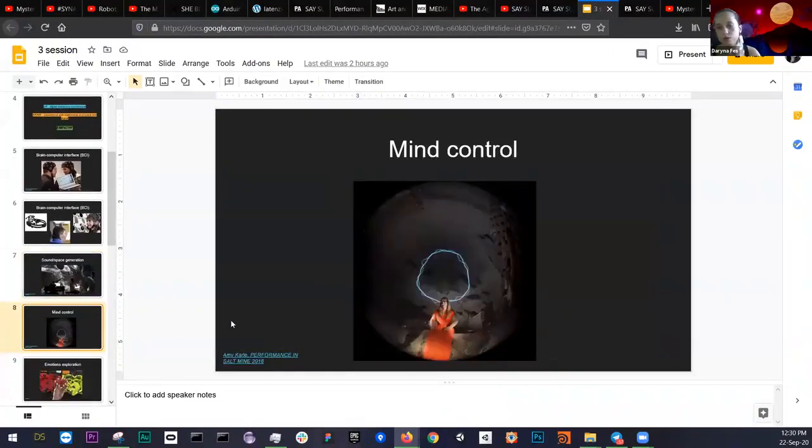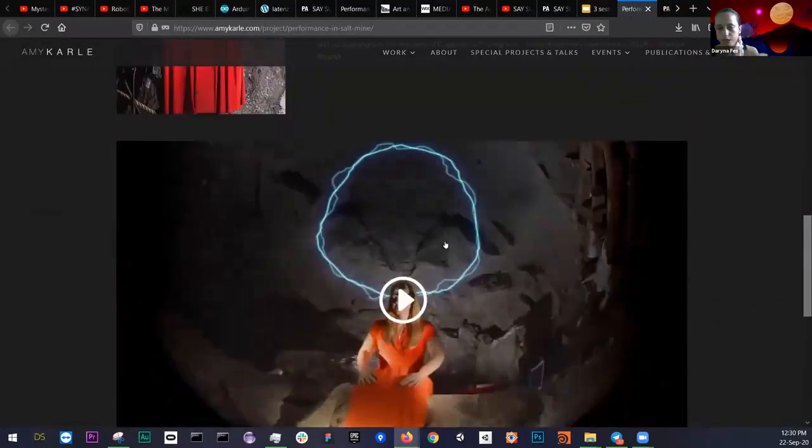The other example of BCI is, of course, mind control. So it's not just capturing the data from the mind and generating the environment, but the artist already knows how she can change the output, like the sound or the visuals, so the performance is actual, when the artist is actually controlling the output of the data.